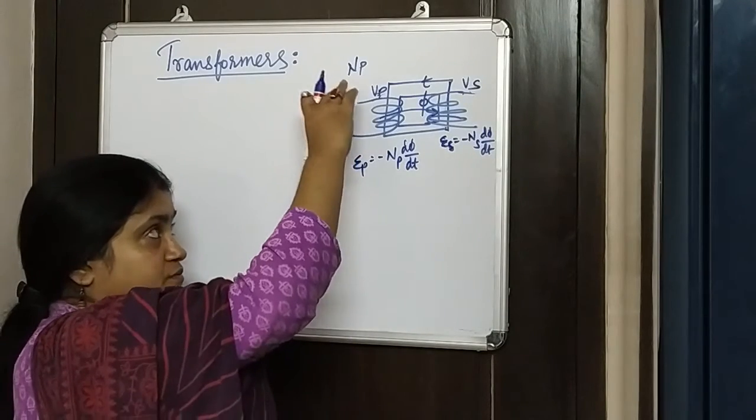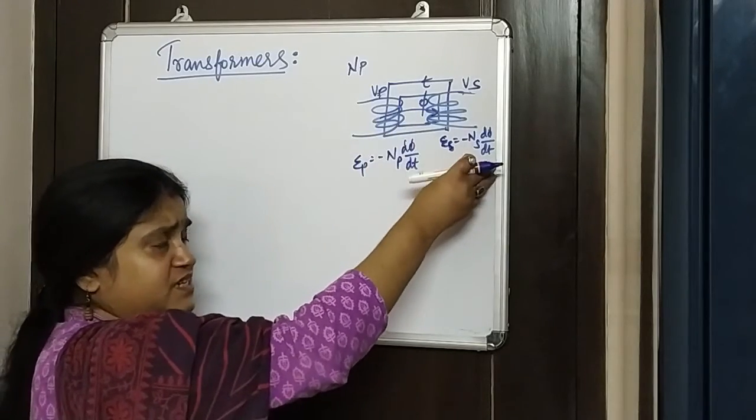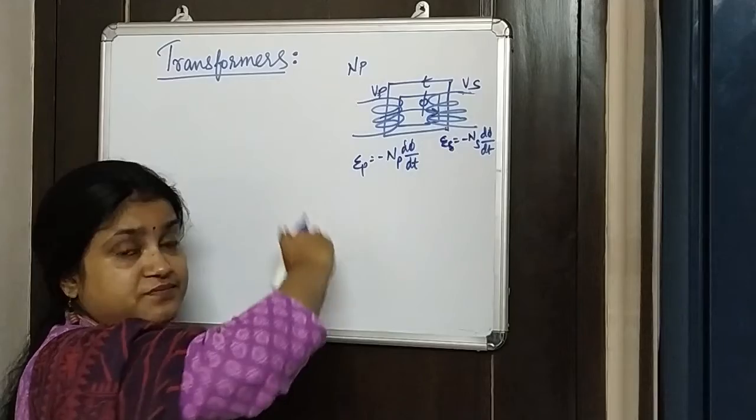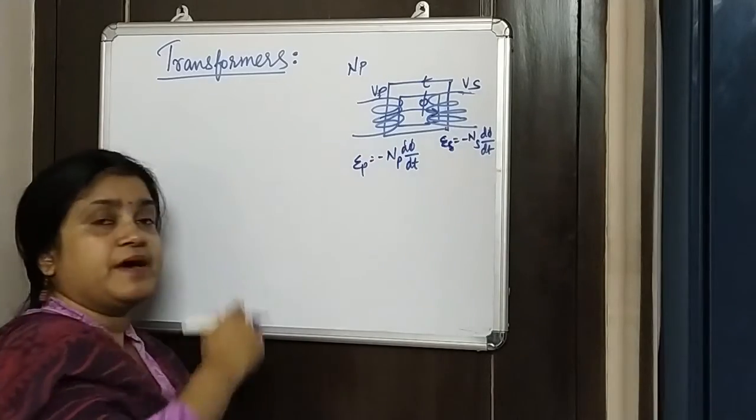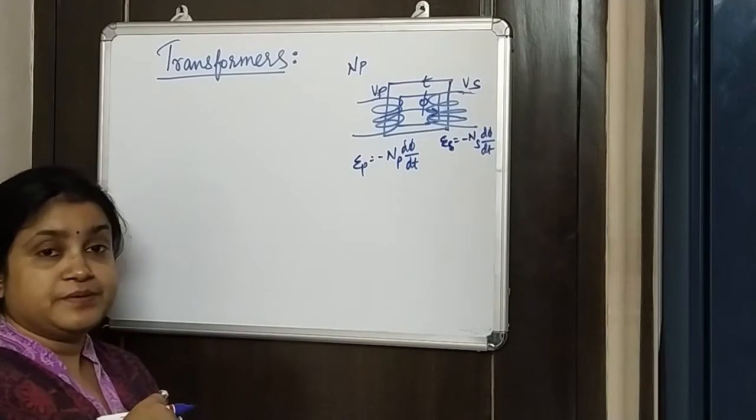So the primary coil produces an EMF in the secondary coil due to the flux phi, and a back EMF produced in the primary coil is given by EP.